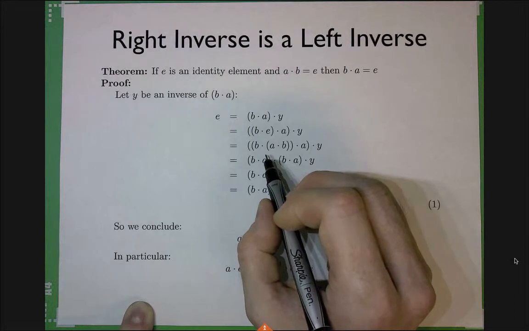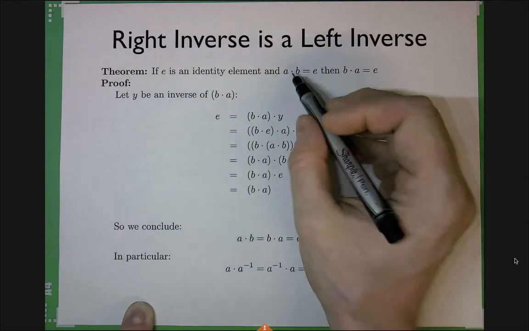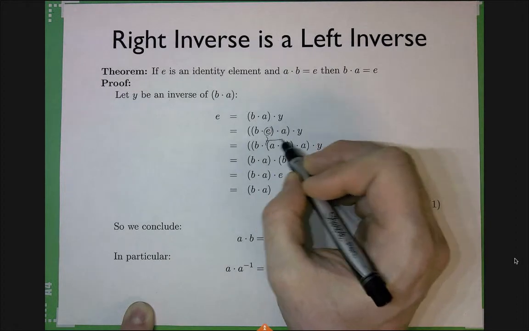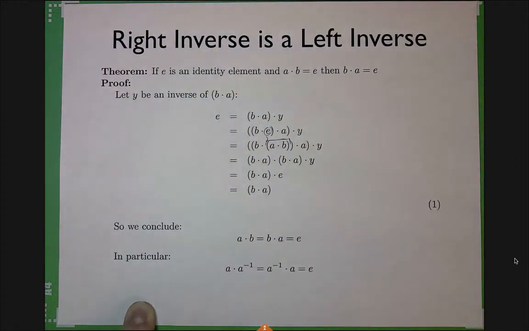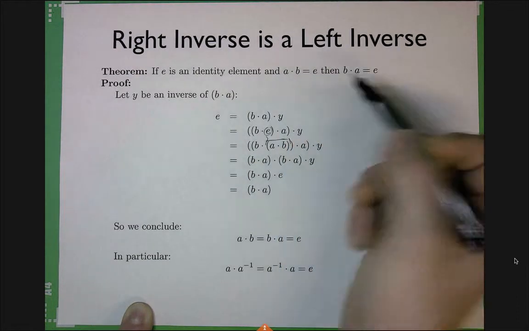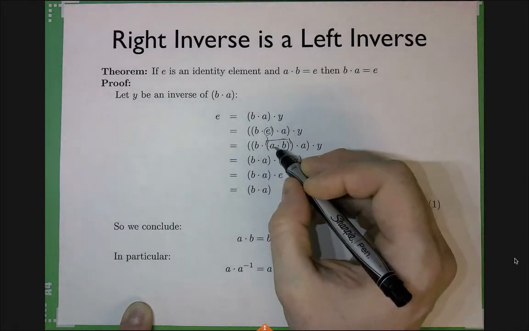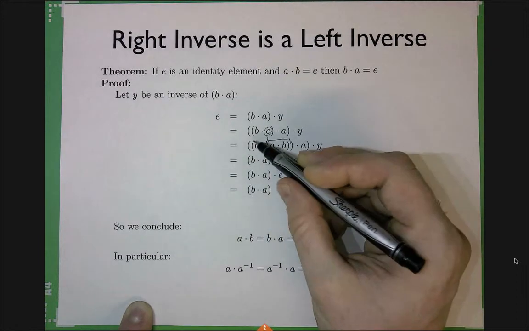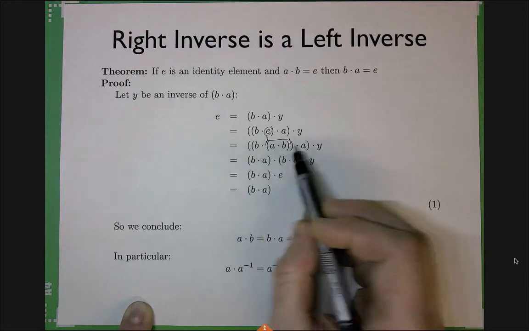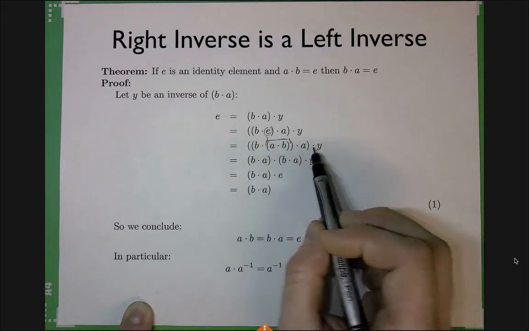What happens next? Now I use the fact that A dot B is the identity. So this E I can replace with A dot B, because this is what I assume. I assume that A dot B is the identity. And here I use the associativity. That means that I can flip the order of brackets, the order in which I'm computing this multiplication, right?